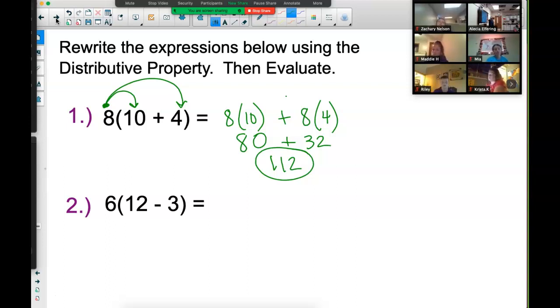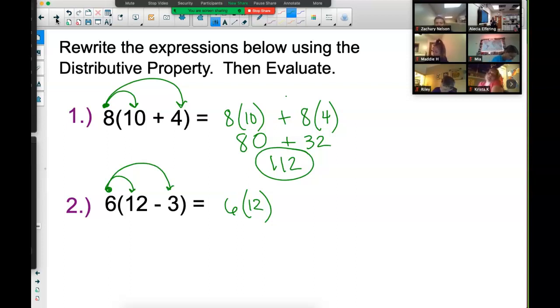Okay. Number 2, which number is the candy? So write this one down, 6 parentheses 12 minus 3. Which of those 3 numbers is like the candy? Hannah? The 6. So the 6 has to be shared with the 12. So we have 6 times 12. The 6 also has to be shared with the 3.